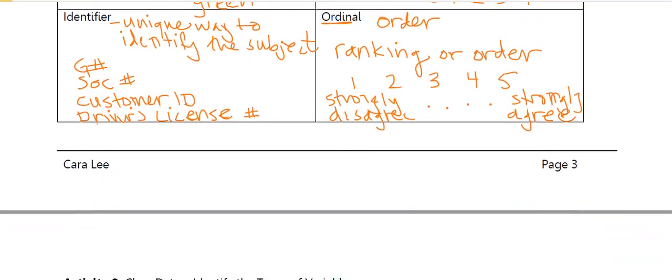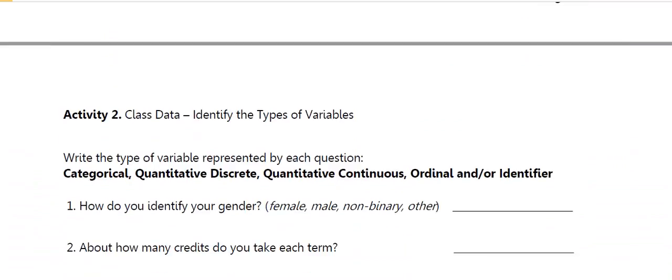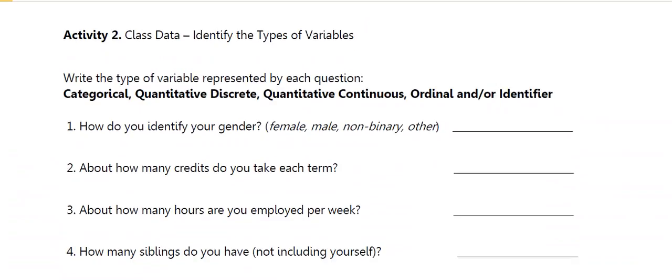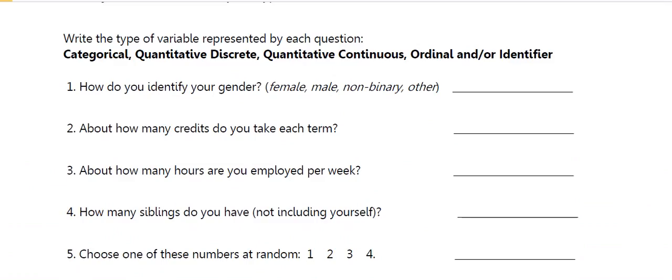Let's go to the next page, page 4. Okay. Now, these are the variables from the class survey you took, if you're in my class, or if you're just using this for reference. These are the questions that were asked. And now, instead of filling in the answers to the questions, what I want you to do is look at this page and write down what type of variable it is.